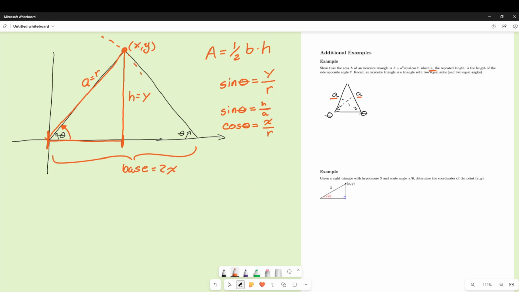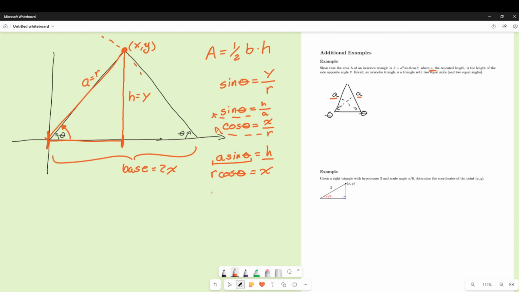Well, if we manipulate these a little bit, multiply both sides by the a here, that means a sine theta is equal to h, and r cosine theta is equal to x, just by multiplying those r's over. Now our height, good, that's our h.